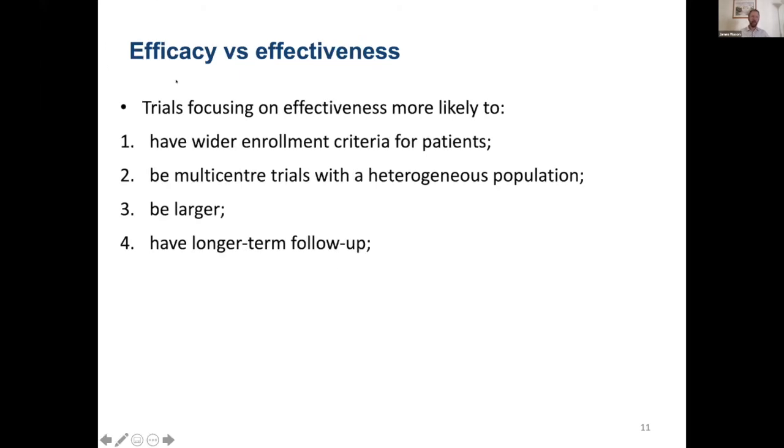If we're looking at trials that focus on efficacy versus effectiveness, generally the effectiveness trials will be more likely to have a wider enrolment criteria for patients. They're more likely to be multi-centre trials involving maybe across the UK or even international sites with a heterogeneous population recruited. They're more likely to be larger, and they're more likely to have longer term follow-up of patients.